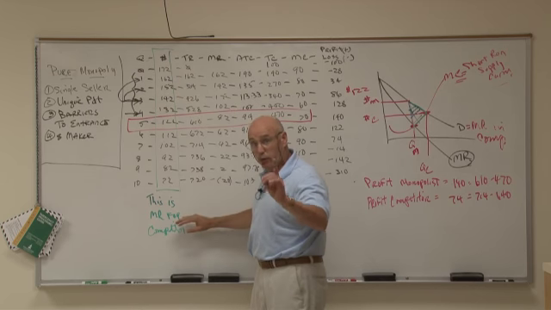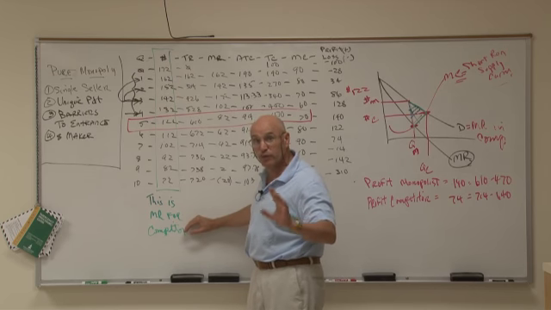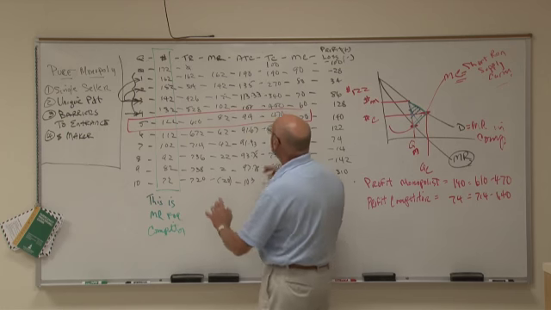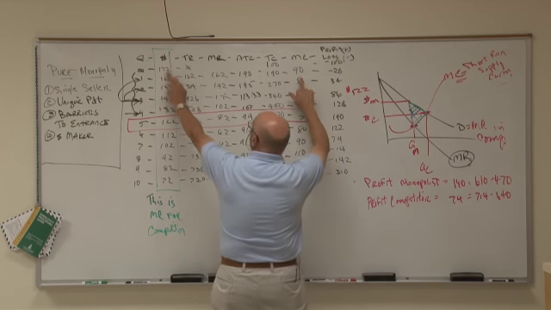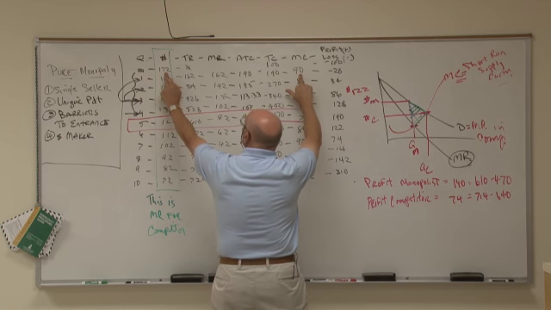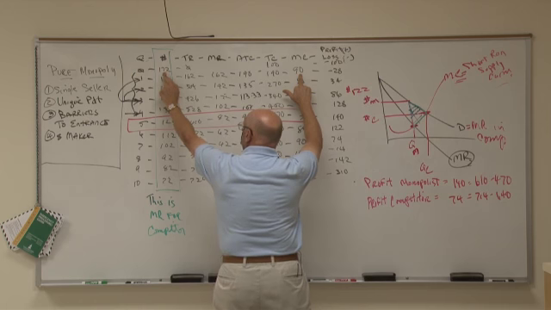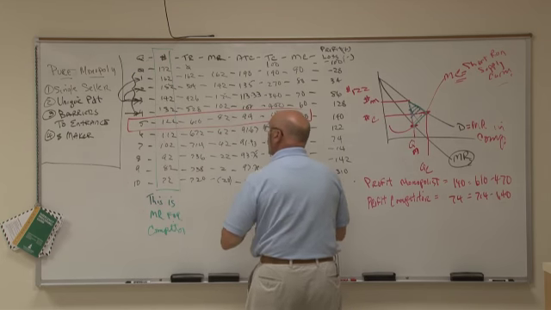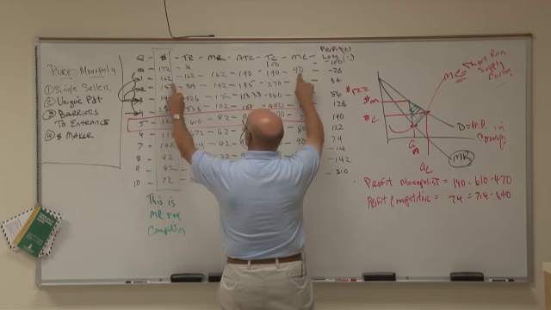This is also equal to my marginal revenue, because if you can go back and remember, marginal revenue is equal to price. This is the marginal revenue for a competitor. And I'm going to compare my marginal cost to my marginal revenue, which is equal to my price, and I find out that the competitor will produce at the point where they're equal.